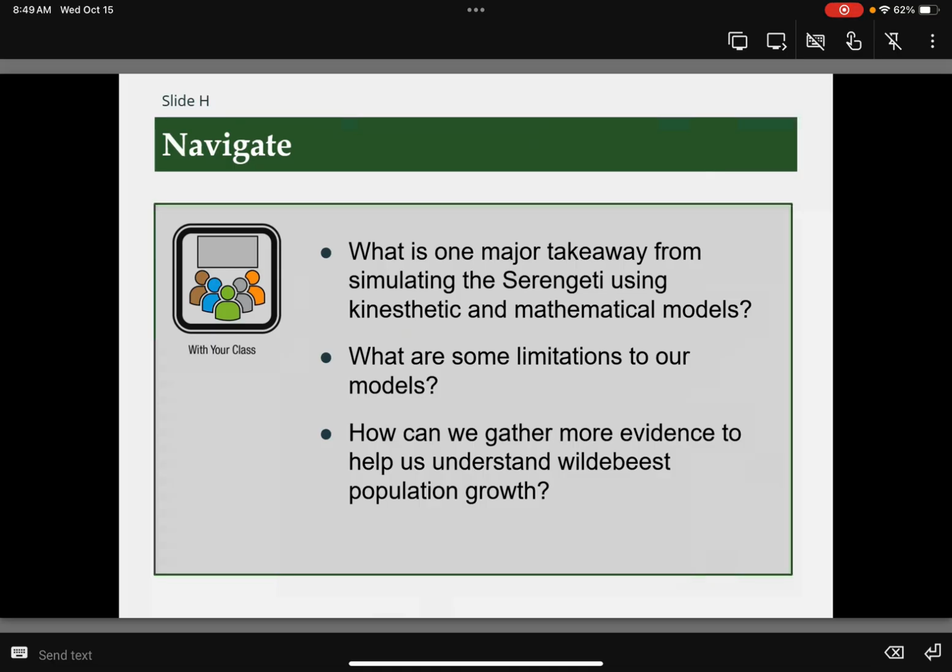And do you think there is more evidence that we could gather to help us understand wildebeest population growth? Always, right? Totally. Okay, so we could look at actual wildebeest populations, and based on what we know about this algorithm we developed, we could theoretically create a graph that shows population growth and the carrying capacity of that population, right?